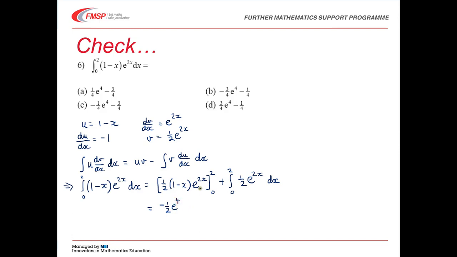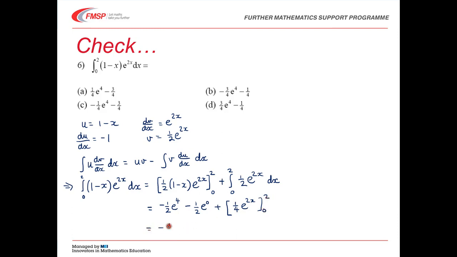And if x is 0, then take away 1 minus 0 is 1, so that's a half e to the 0, plus, and my square brackets because it's a definite integral, integral of a half e to the 2x is a quarter e to the 2x from 0 to 2.